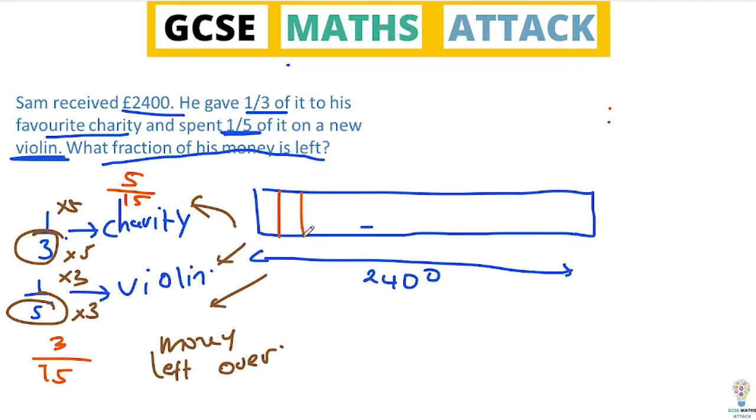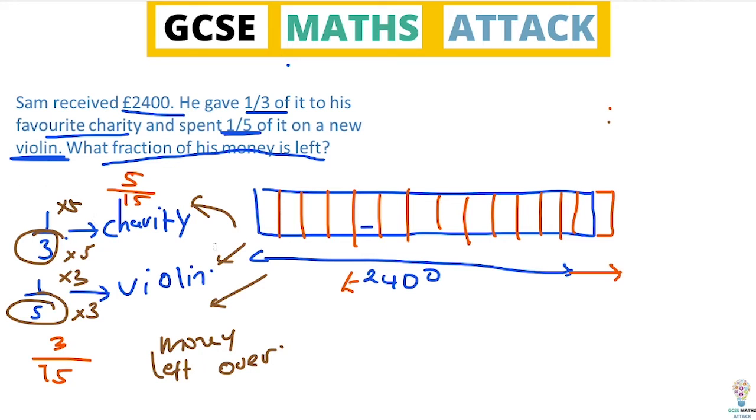So 1, 2, 3, 4, 5, 6, 7, 8, 9, 10, 11, 12, 13, 14, and 15. Okay, so the whole thing is worth 2,400.